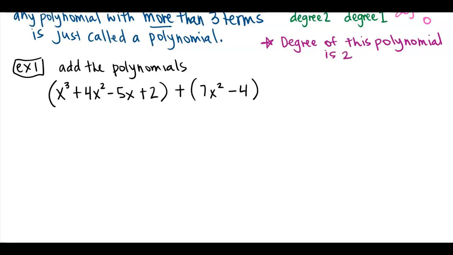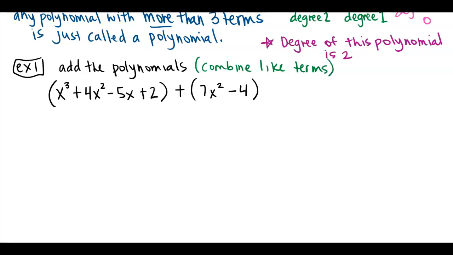Notice that the first polynomial has 4 terms in it, where the second one only has 2 terms in it. And you can only add like terms, so what you're really doing is combining the like terms.